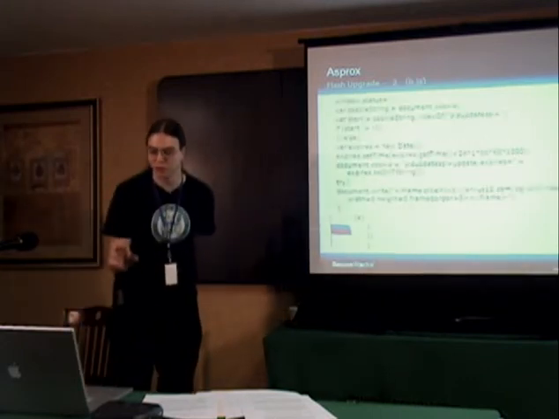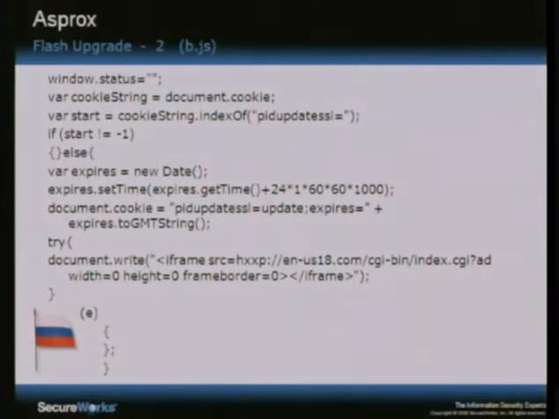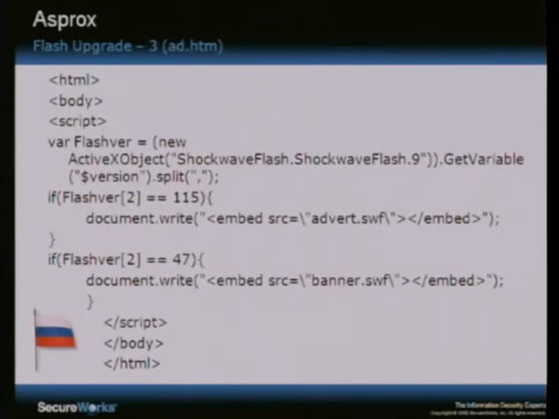Just to go over some of the code being used: they'll initially inject the link to b.js. This is pretty simple. It creates a cookie, sets an expiration time, and sends you through an iframe to the next page, add.html, which does basic version checking.